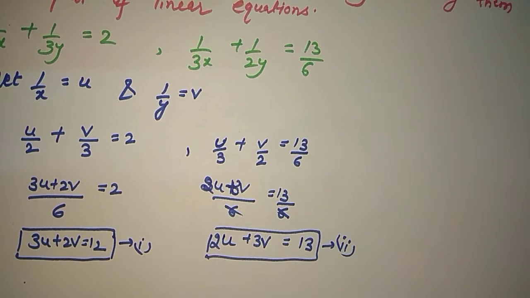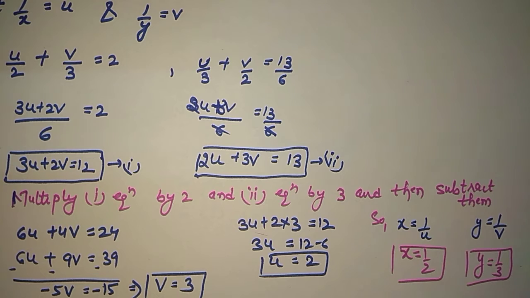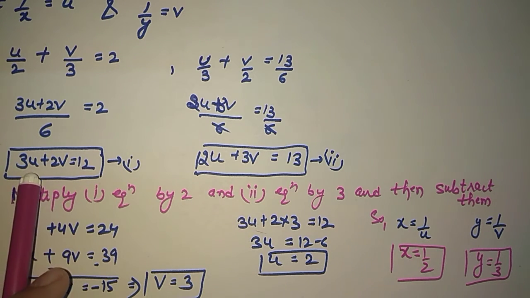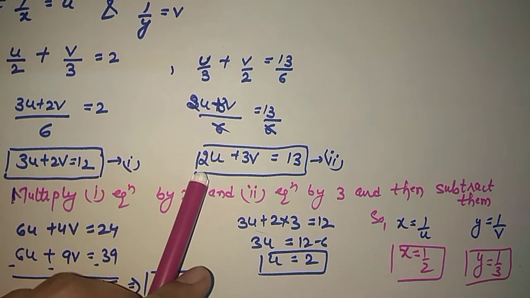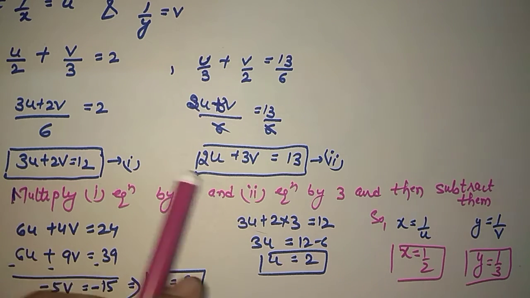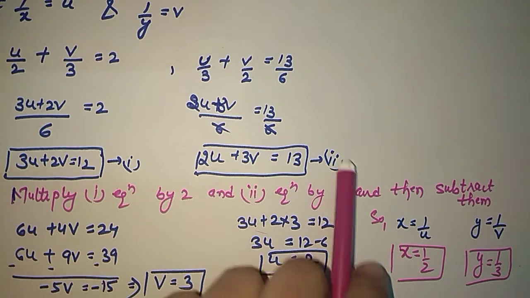Now you can solve this by any method you want: elimination, substitution or cross multiplication. Here I have used the elimination method. I have multiplied the first equation by 2 because the coefficient of u is 2, so I will make it 6 and the other 6 and they will get eliminated. So I multiplied the first equation by 2 and the second by 3.